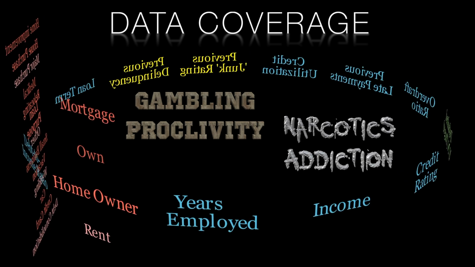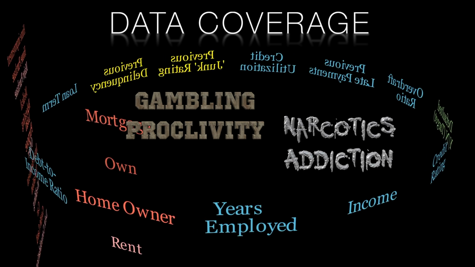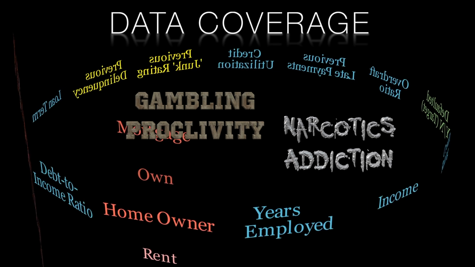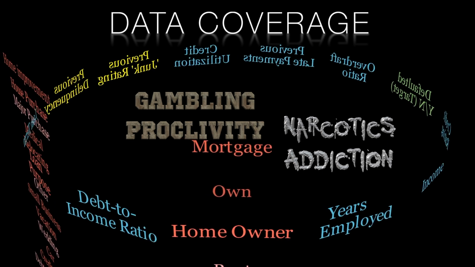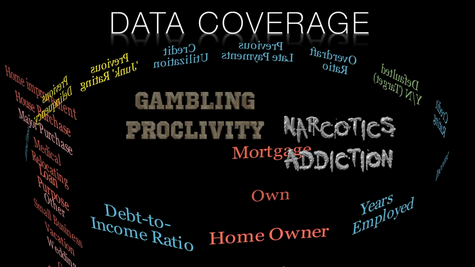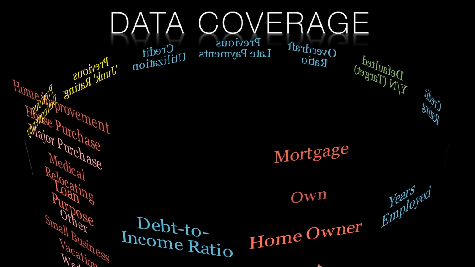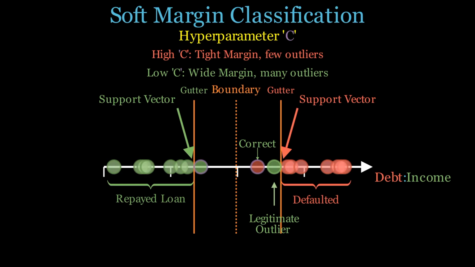These might well have a high degree of influence on whether a loan was repaid or not. Therefore, to account for crucial but missing parameters, we should be tolerant of outliers. And again, fortunately, support vector machines account for this and allow us to experiment with different values of our classification hyperparameter C to give us soft margin classification.